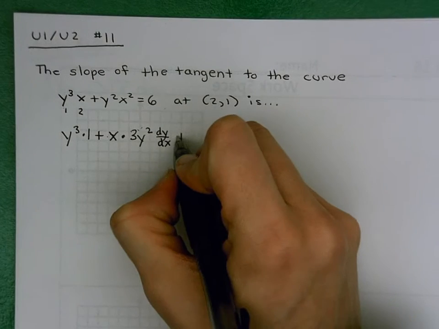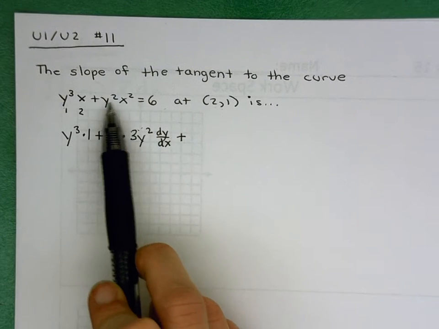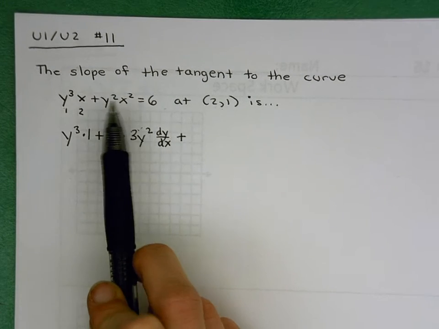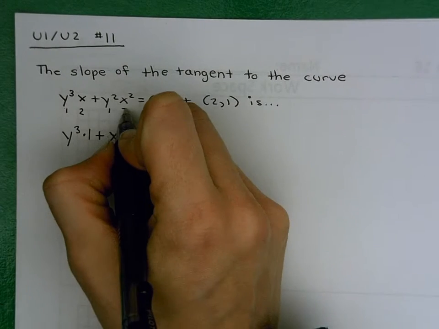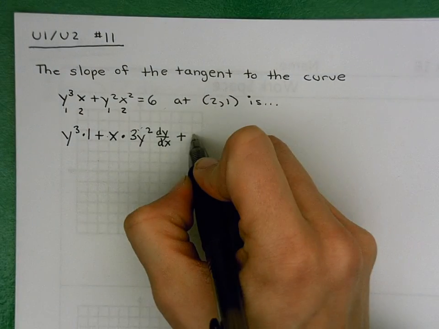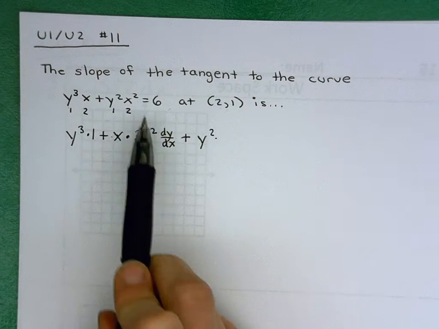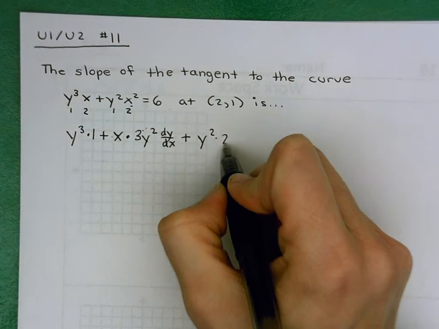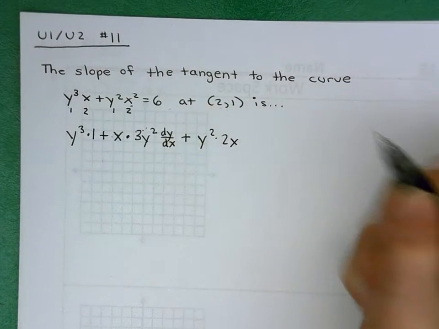Okay? Plus, our second term also has a product rule component, right? Y squared and x squared are being multiplied together. So we're going to do the same thing. We have 1, which is my y squared, d2, derivative of x squared, is 2x. Okay?